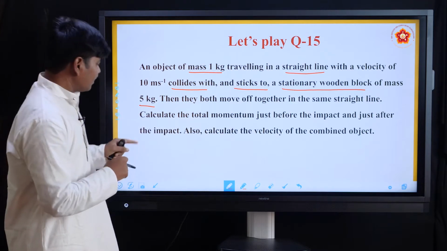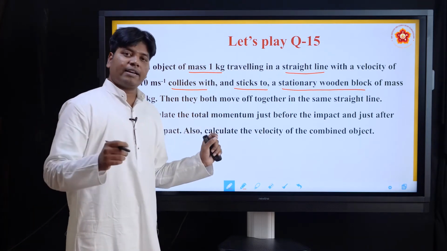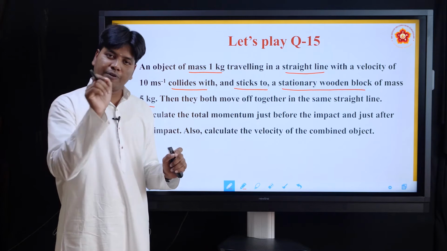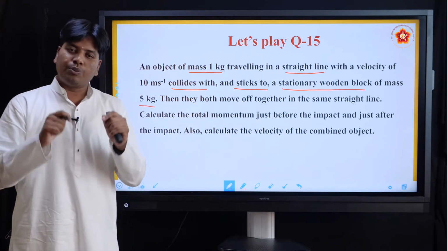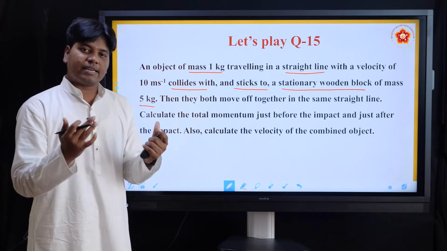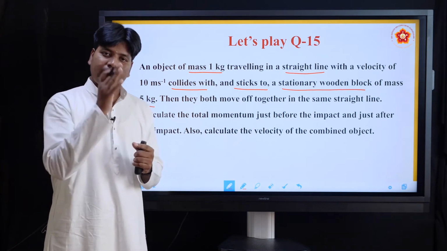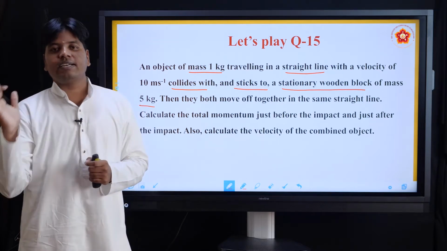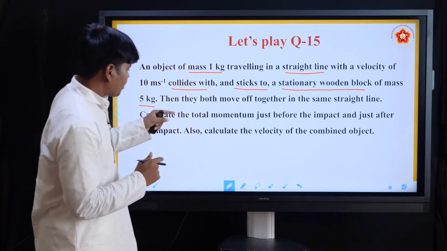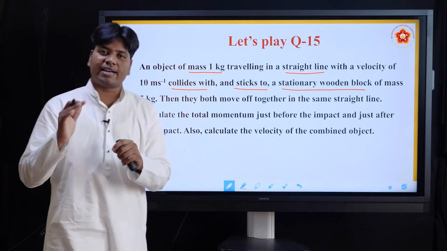Right? So if we calculate the magnitude of momentum before the impact, before sticking together, then intuitively we can say that the same magnitude of momentum the system will be having after the impact. So one part of the problem we have clarity.